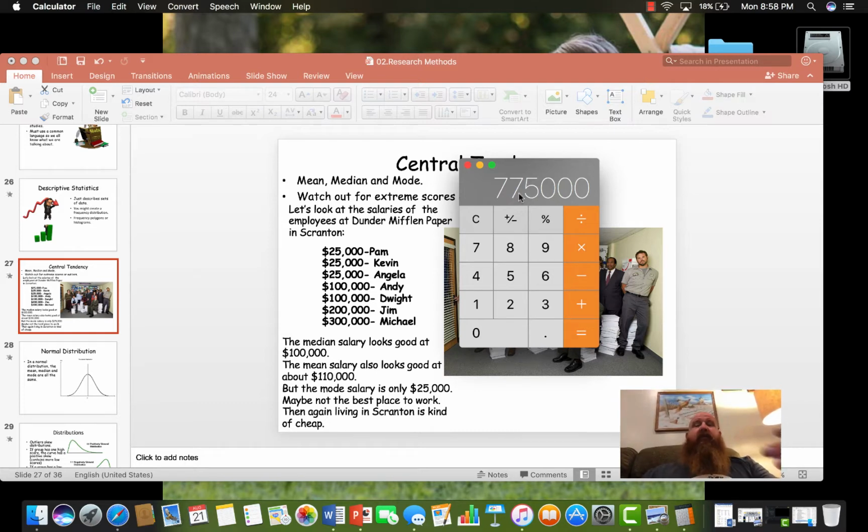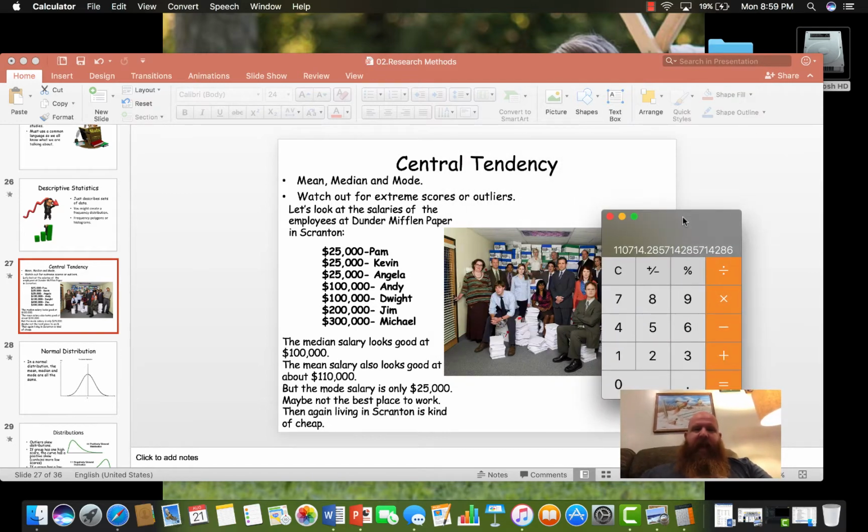I don't teach math. 775,000 divided by 7 equals $110,714.29. We'll round that up to 29 cents. All right, so that is your average. That's the average salary for the people who work at Dunder Mifflin, if these were correct, which I don't think they are.